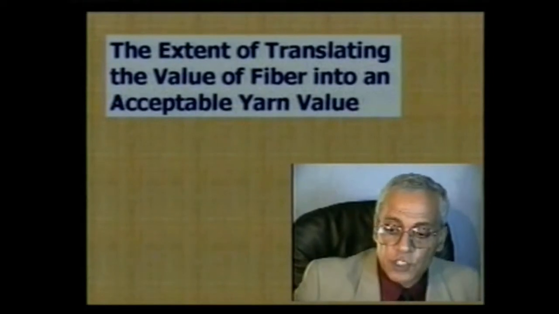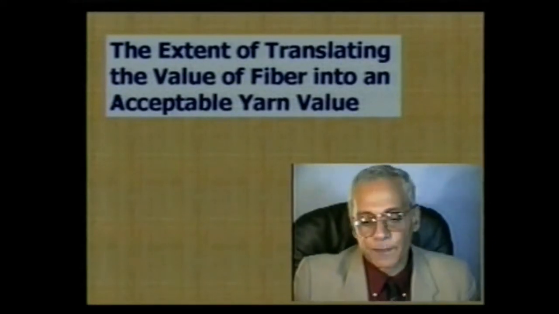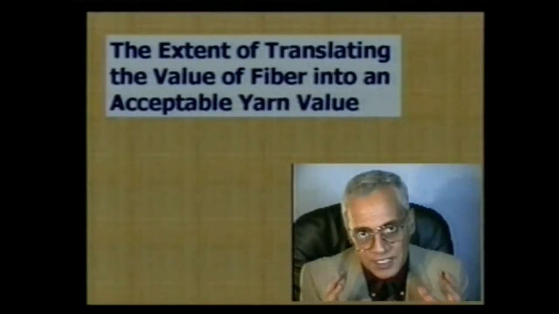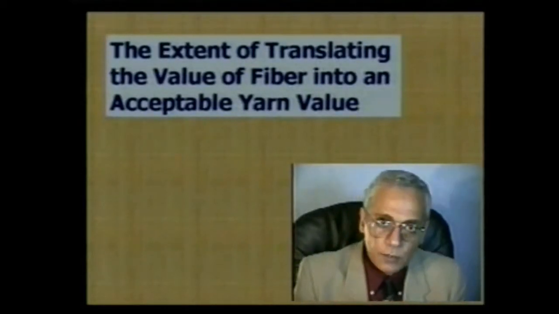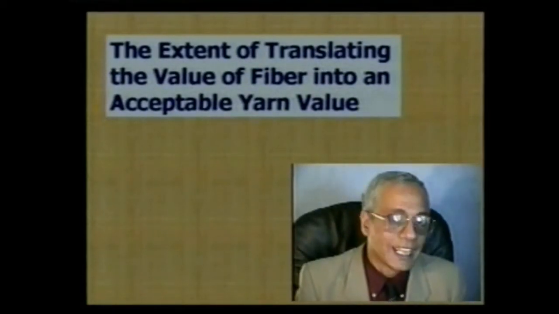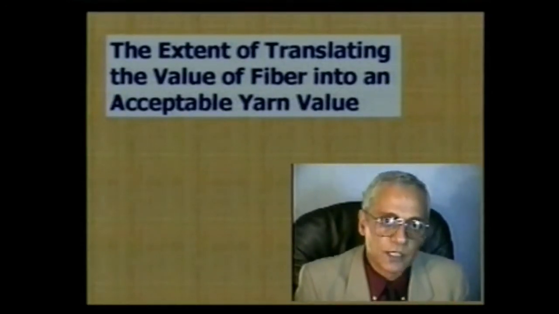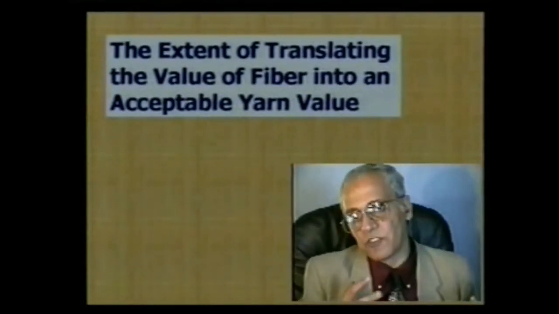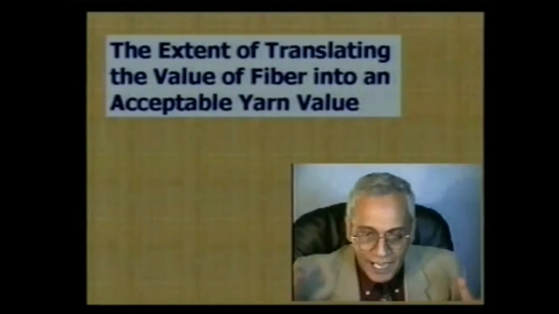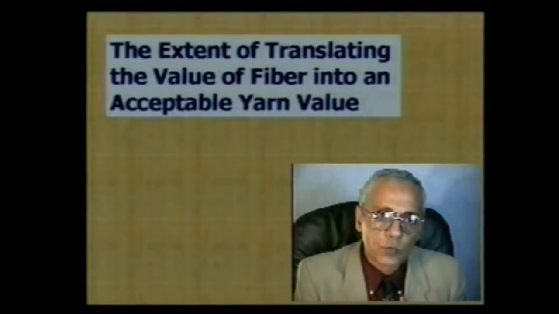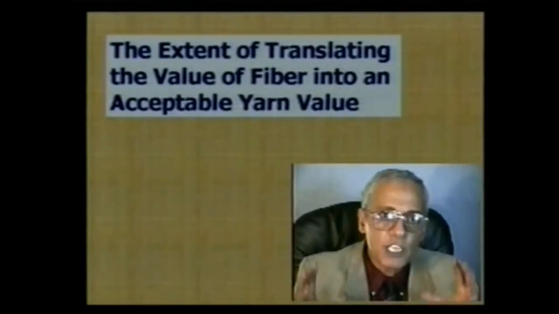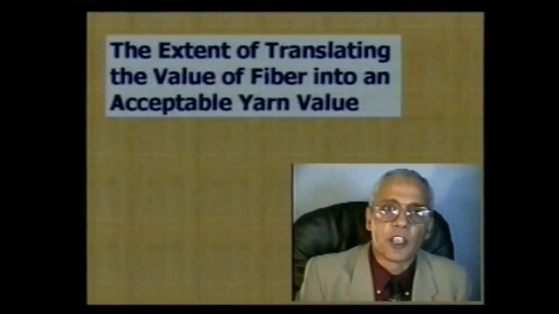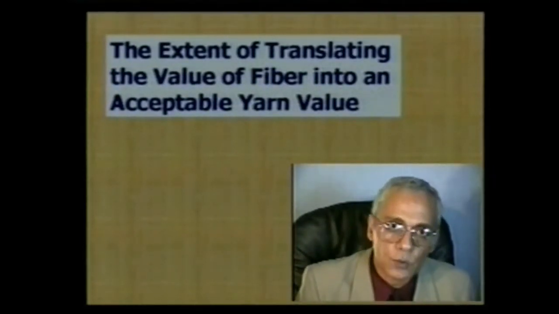Another factor is the extent of translating the value of fiber into an acceptable yarn value. If we have a good understanding of the cotton mixing process, that's the fiber selection and blending, and a good understanding of the fiber-machine interaction, and if we in fact have models that relate fibers to yarns, combine all of these together, and that will provide you with tools that are extremely useful in improving the extent of translating the value of fibers into an acceptable yarn value.